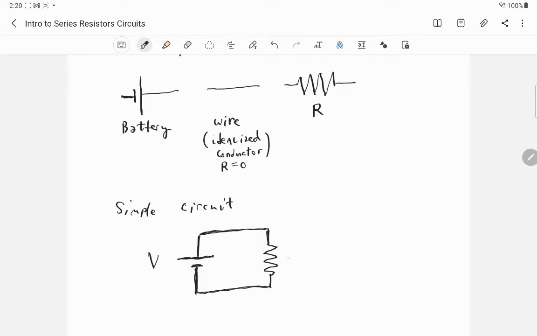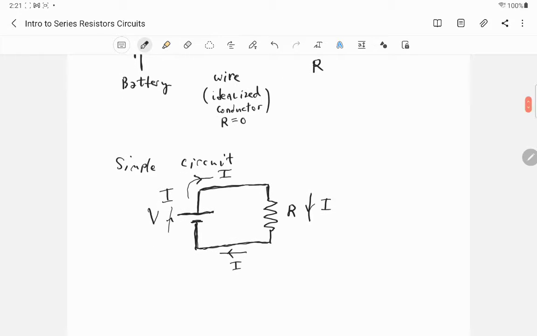So here is V and here is R. And remembering what I said, that the long plate is the positive plate, what's going to happen in this circuit is the conventional current is going to flow this way. And it's flowing in that sense everywhere around the circuit, all at the same time.